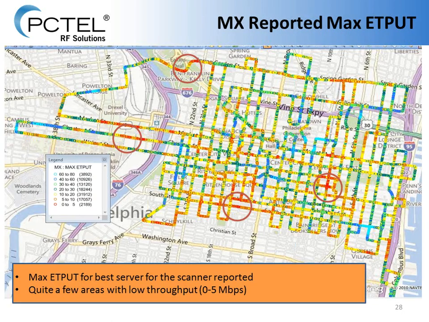So on the next slide, what we're showing you here is the maximum estimated throughput of the RAN based on what the MX scanner reported. And like I mentioned before, you're going to see a lot higher throughputs because, number one, this is a theoretical maximum throughput, and it's measured at the physical layer only, not the user layer that a UE does.